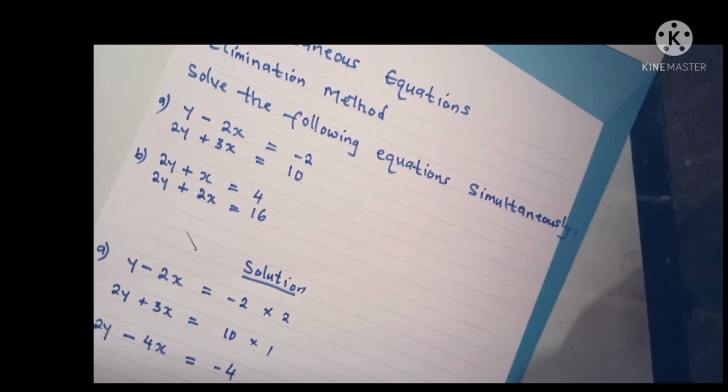Let's call this equation 1. Now in this equation, 2y times 1, 2y, 3x times 1, plus 3x, equals 10 times 1, 10. So now we draw our division line here.